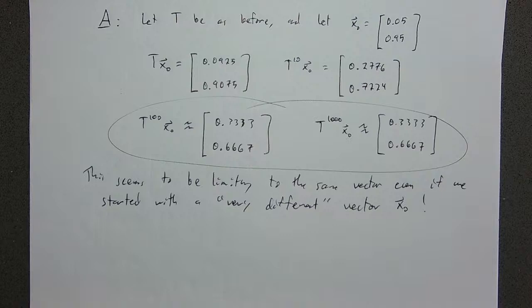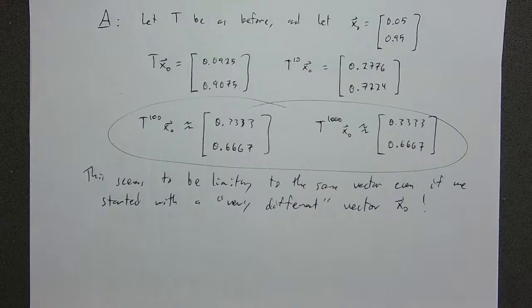So this initial vector is not actually what's mattering here, right? What is mattering more is some quantity associated with the matrix itself. As we're going to see, that is going to be a particular eigenvector for the eigenvalue 1.